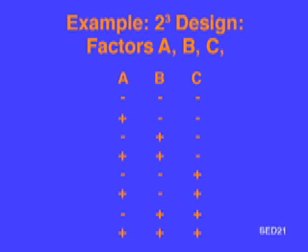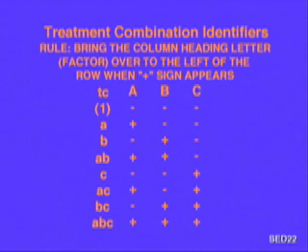Here's an example for a 3-factor experiment. For the generic design, we label the factors in alphabetical order, A, B, C. Notice the patterns of the sets of minus and plus. We always know when to stop by the total number of rows in the matrix, which is 2 to the k, where k in this case is 3, so we have 8 total rows.